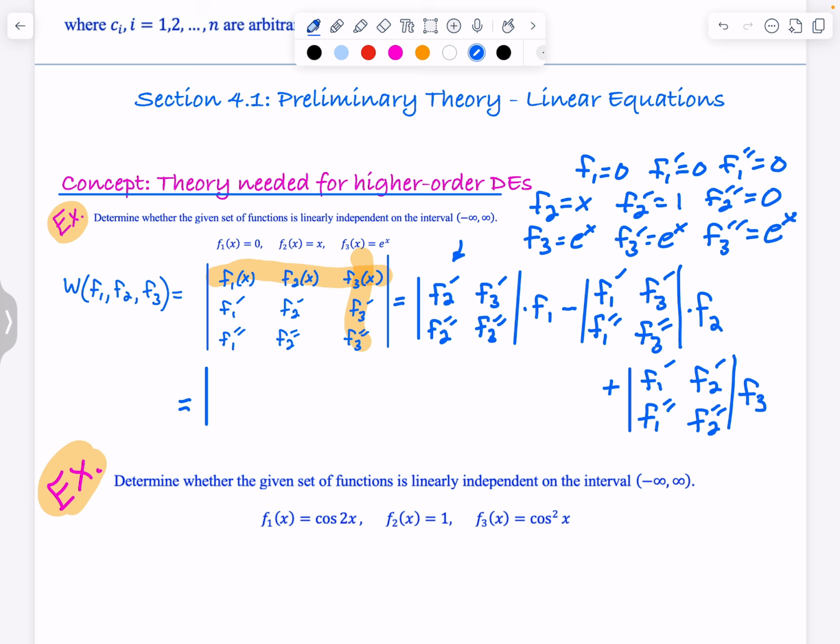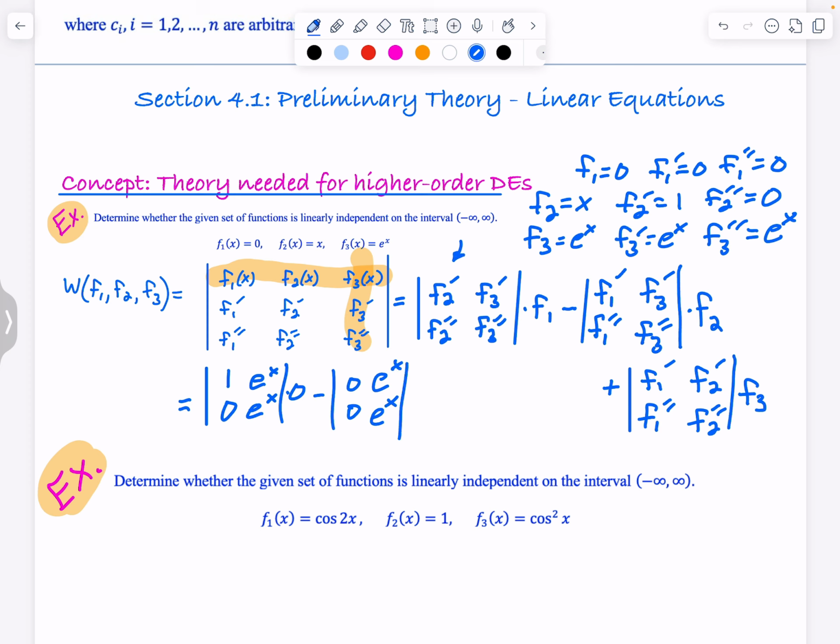Okay, f2 prime is 1, f2 double prime is 0, f3 prime is e to the x, and then e to the x, times f1, which is 0. That's convenient. And then the next part, we'll do f1 prime, which is 0, 0, and then f3 prime is e to the x, e to the x.